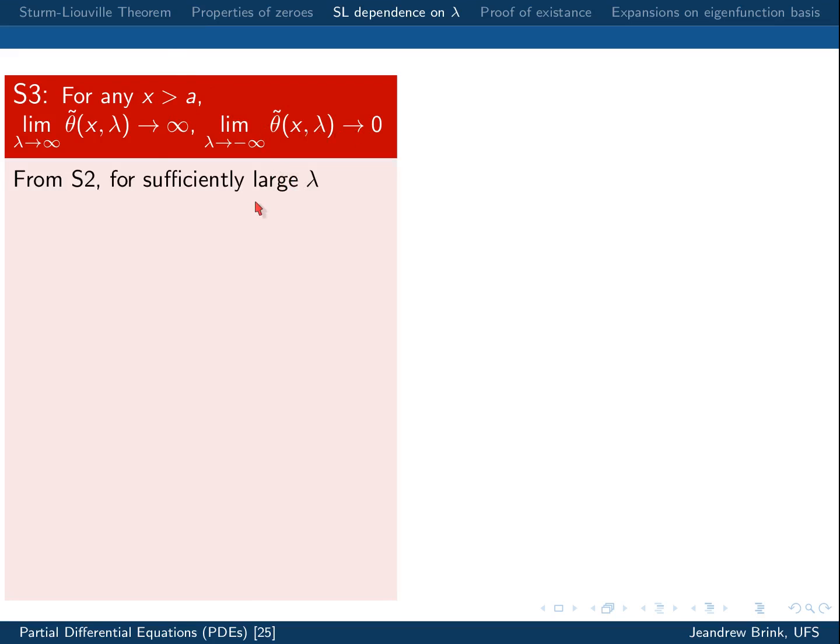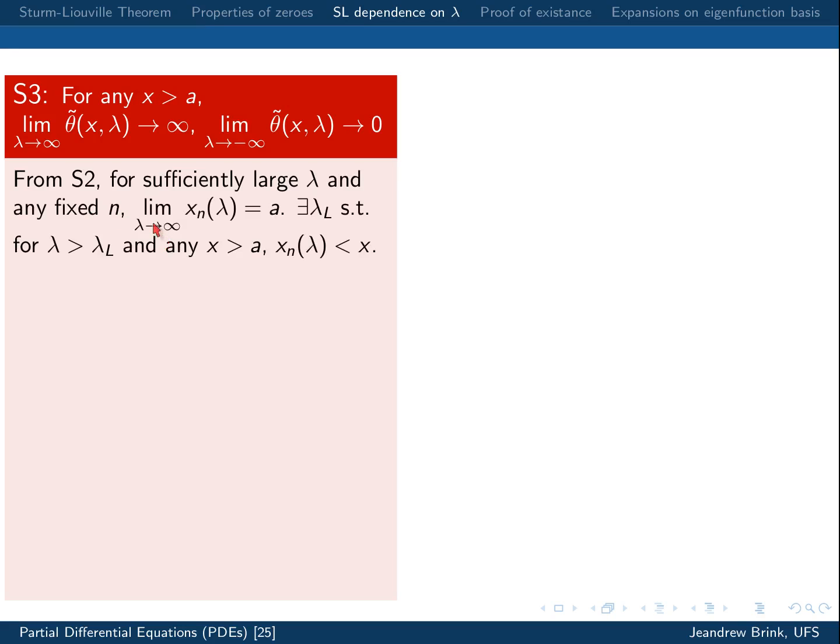So the first one we're going to start with is there. We've shown, for sufficiently large lambda and for any fixed n, so looking at a particular zero, that the limit of the zero as lambda goes to infinity is a.